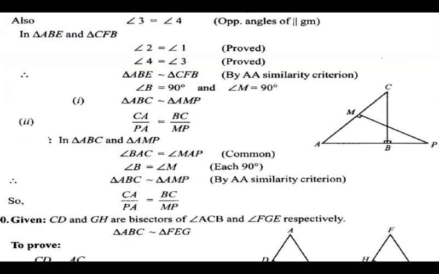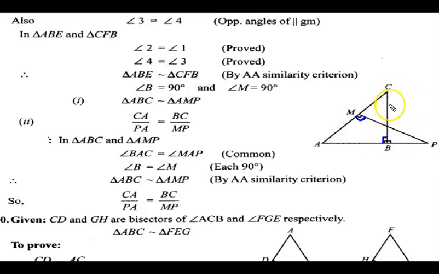Next question. So now in this question, what we find here, students, angle B is equal to 90 degree, as you have seen just. This is angle B here. So B is equal to 90 degree, and angle M is again 90. So these two are 90. And then MP, this is MP here, and this is CB.